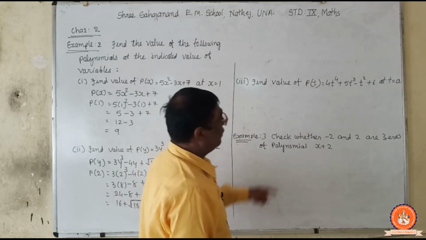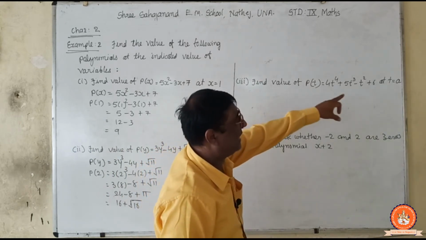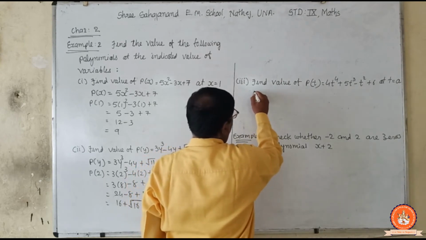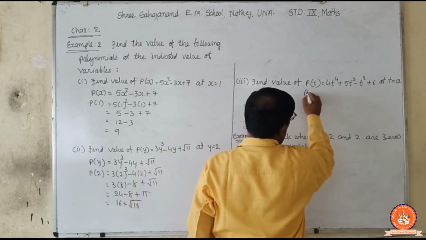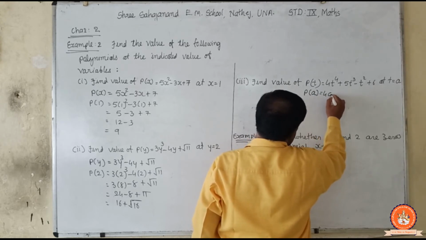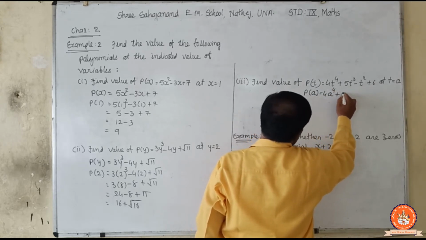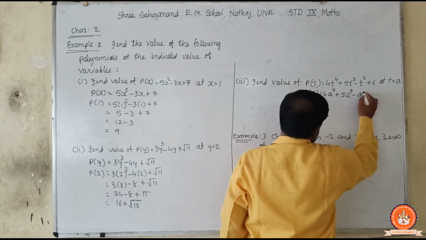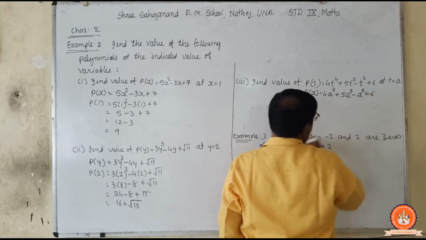Now find the value of this polynomial at t is equal to a. Okay, p of t. Now p of a will be 4 into a raised to 4 plus 5 into a raised to 3 minus a raised to 2 plus 6.